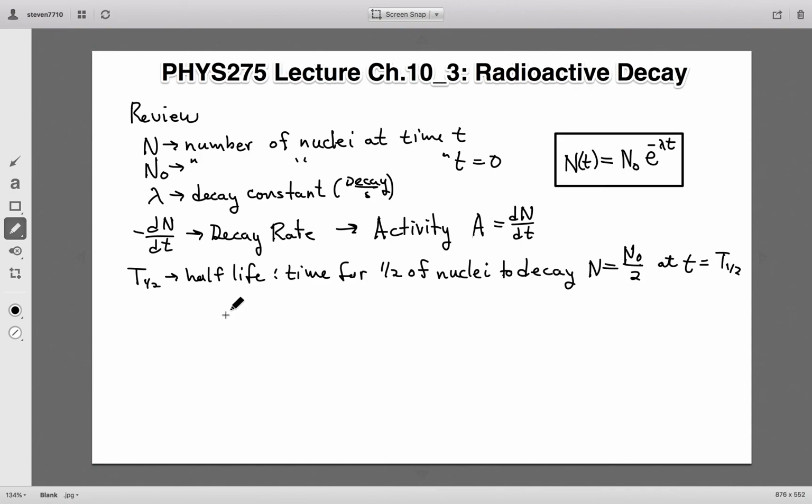The half-life and the decay constant are closely related: lambda, the decay constant, is equal to 0.693 over the half-life. The units used for the half-life will determine the units you get for the decay constant. So knowing T sub 1/2, we can get lambda.